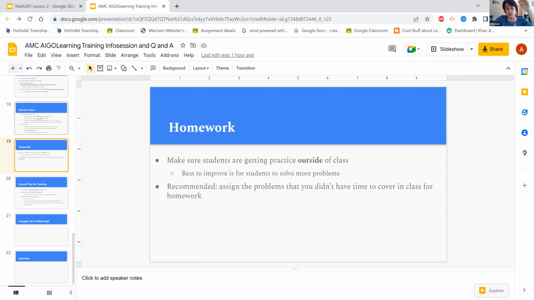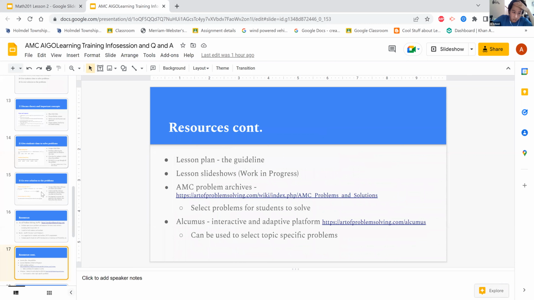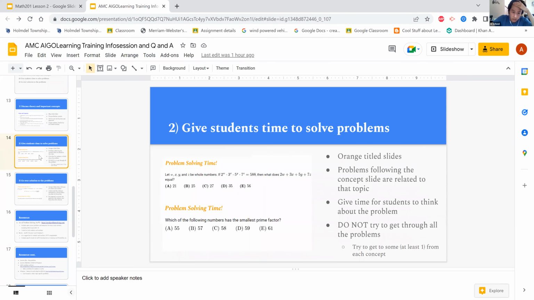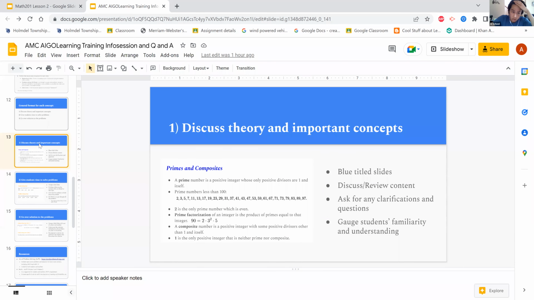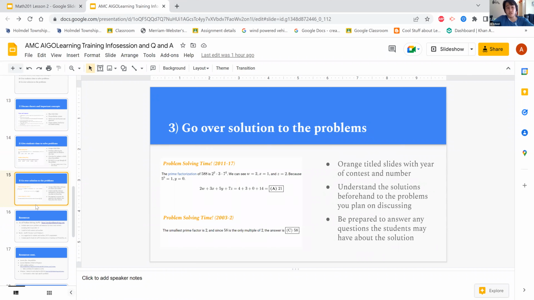So it just has the general timestamp of that. We have lesson slideshows, which are currently work in progress. Those are formatted in the way that I mentioned when discussing the general format of each concept. I'll show you an example slideshow later.